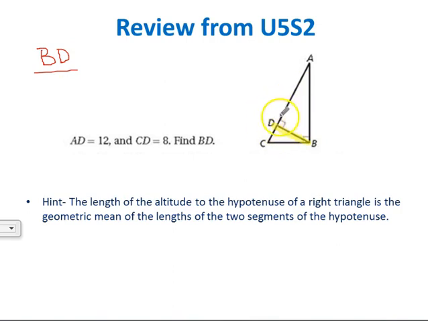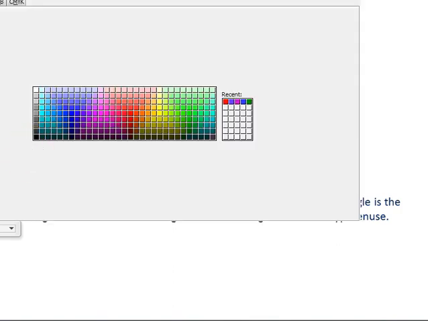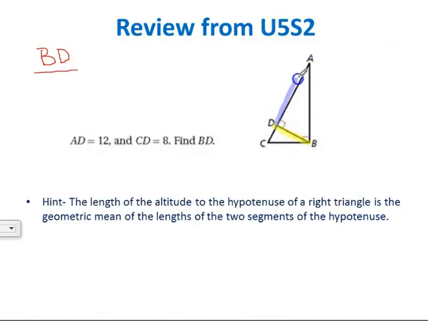BD over AD is going to be one of our ratios, and then we set it equal to the other side, DC over the BD, the altitude that we're trying to find.